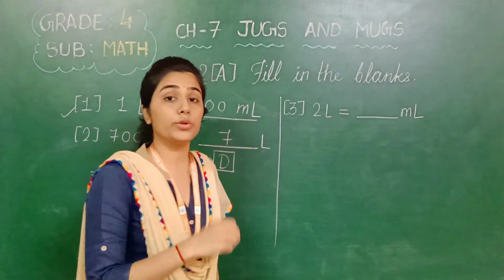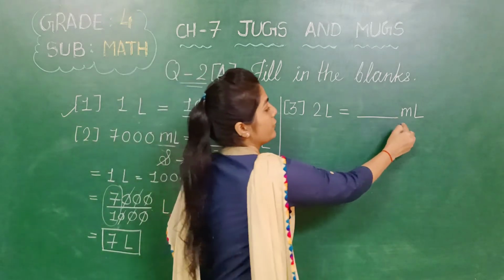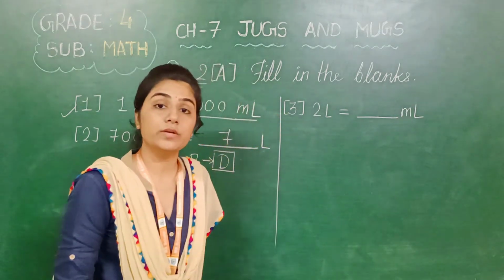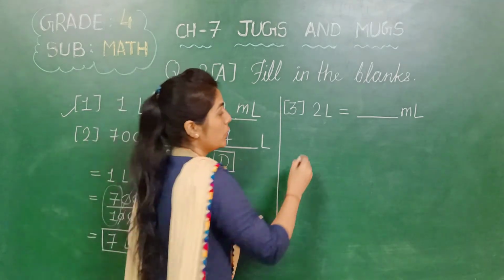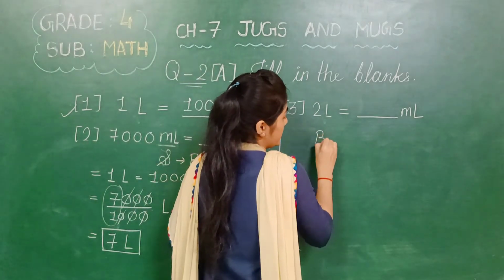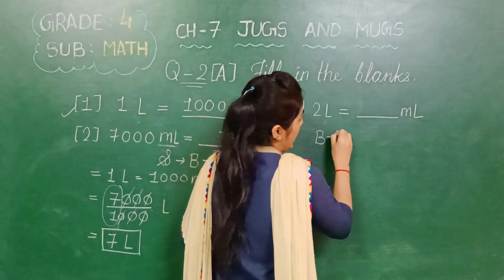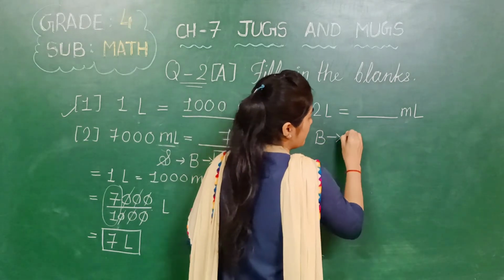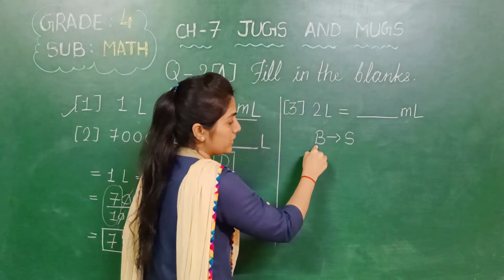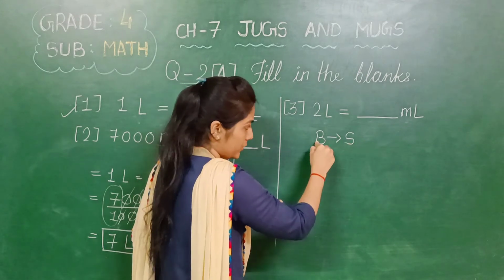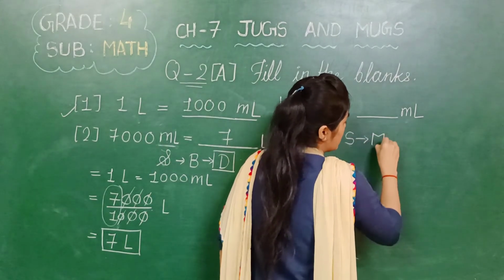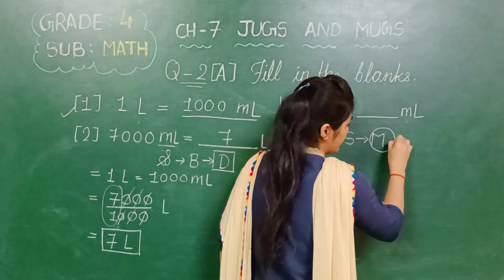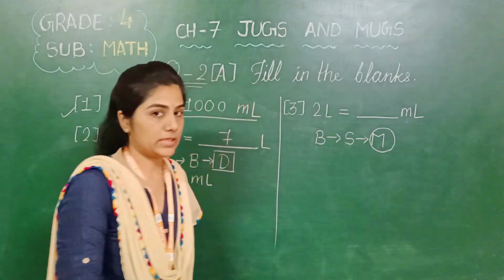That means in the big unit, and we have to convert this big unit into a small unit. So we can say that liter is the big unit, milliliter is the small unit, means we are converting big to small. So at that time multiplication will be done.